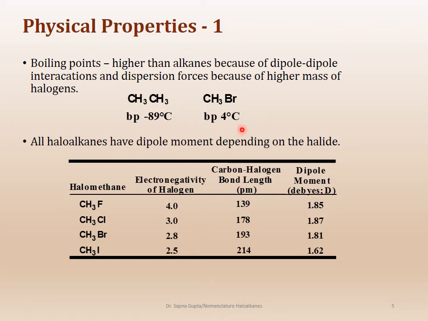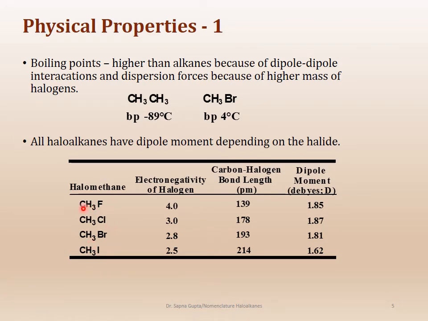It has a very low boiling point, but there are some dipole-dipole interactions, and because of that, you will have a little bit higher boiling points. The haloalkanes will have some dipole moment because of these electronegative elements.